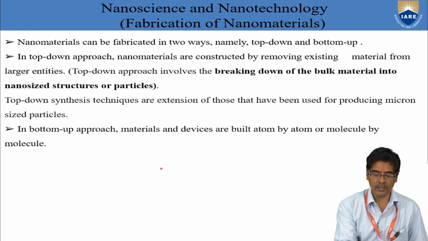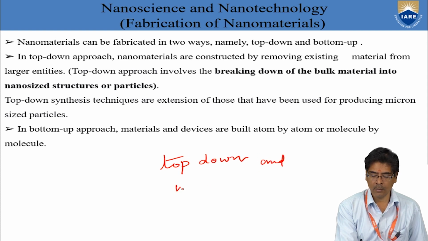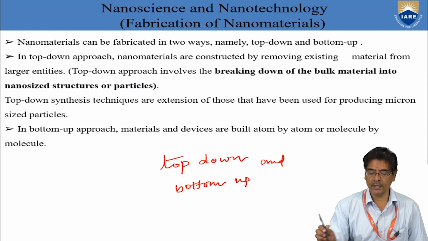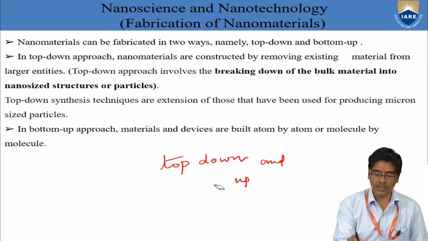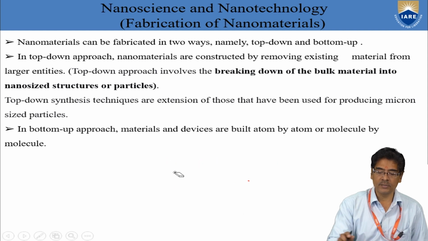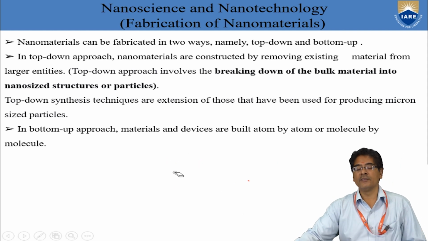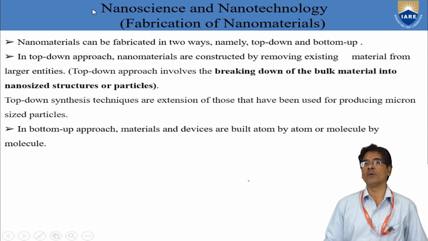So that is what we write: top down and bottom up. Nanomaterials can be fabricated in two methods, namely top down and bottom up.